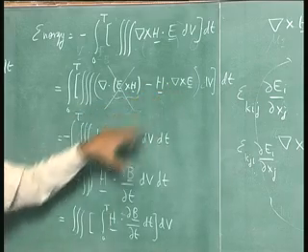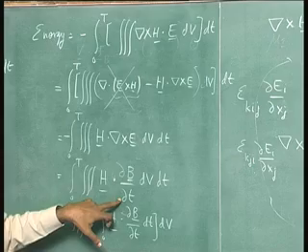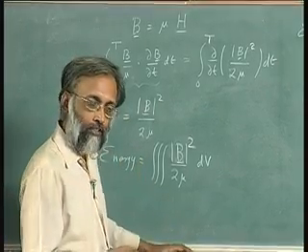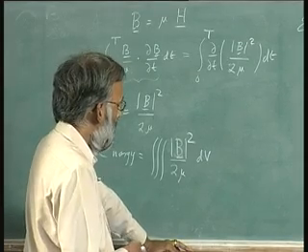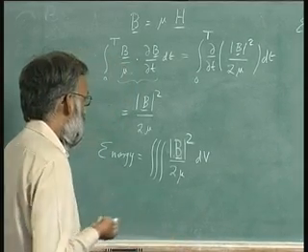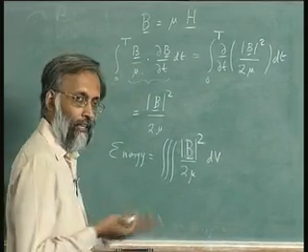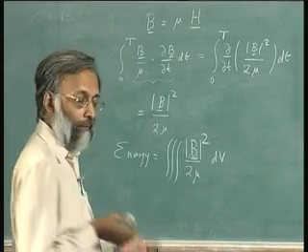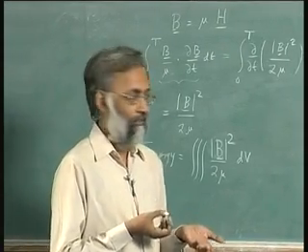The electric field is actually due to a changing magnetic field, which finally gives us this term. So, I think I have done this enough times. So, I hope you believe that the magnetic field does in fact store energy.